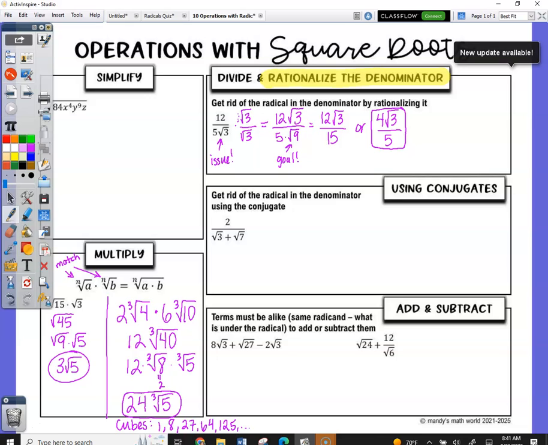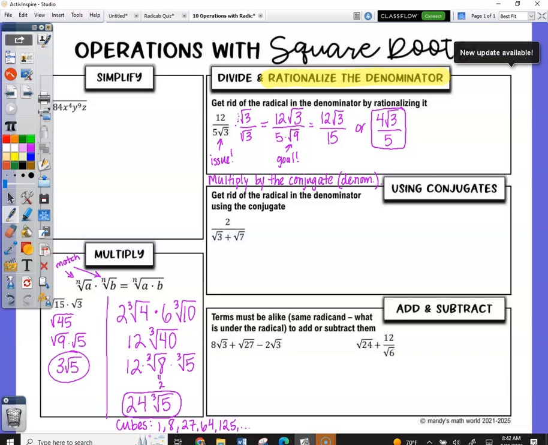You're going to multiply by the conjugate. And I'm putting in parentheses because I'm running out of room. You're multiplying by the conjugate of just the denominator. That's how you divide. You're never actually dividing anything.